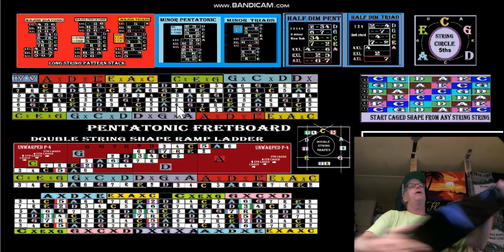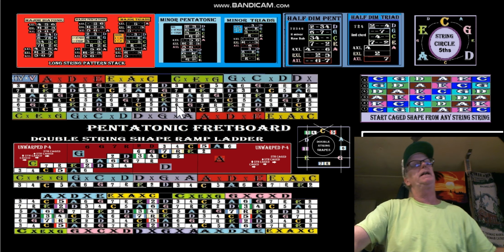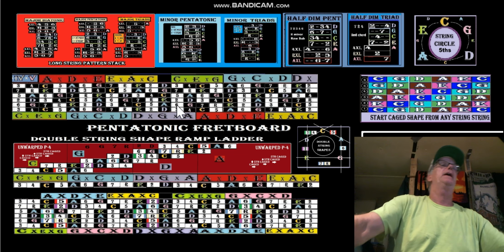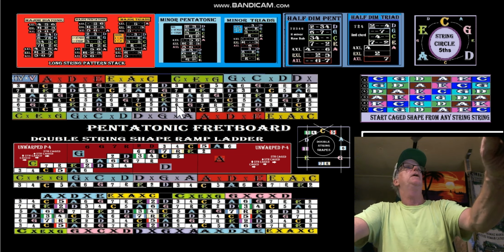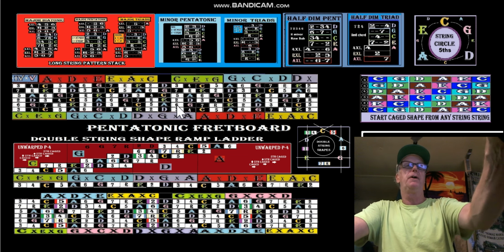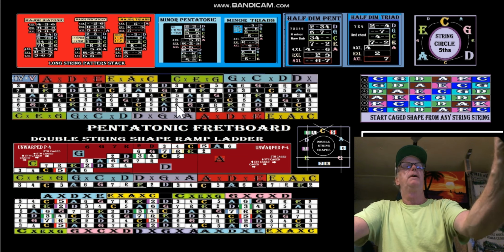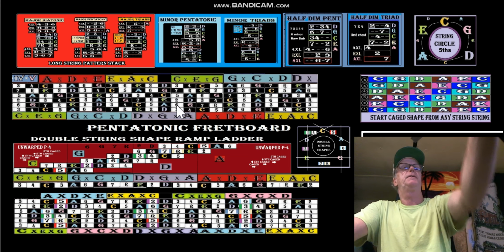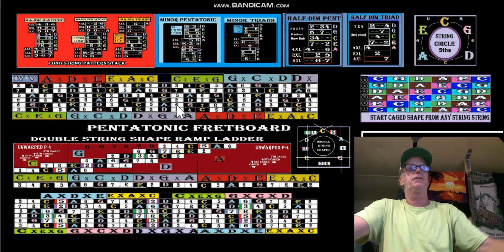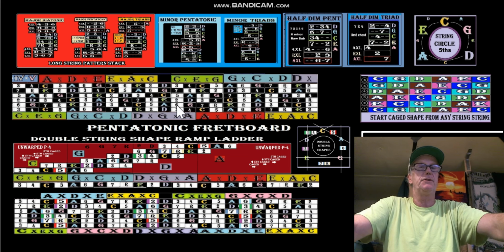Now with the 4th, you can actually still play its 7th, and with the 5th substitution, you can still play its 4th, but you can't play the 4th of the 4th, and you can't play the major 7th of the 5th substitution.